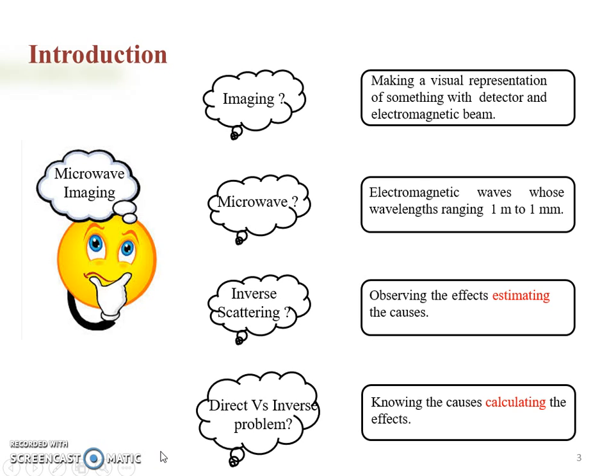And then there are two more questions that come to mind: what about microwave imaging, and direct versus inverse problems? When you are working in this domain, you might have some idea about these. Let me give you a hint about these terms.